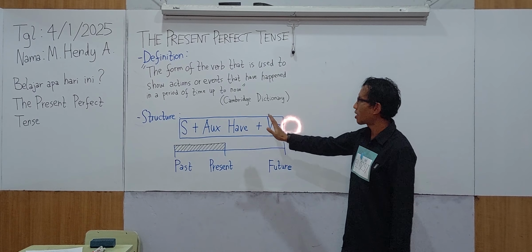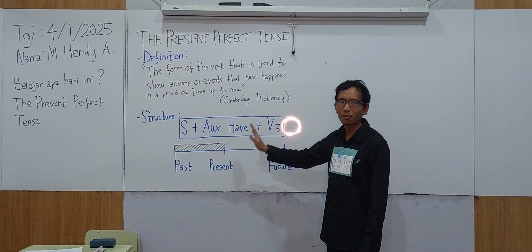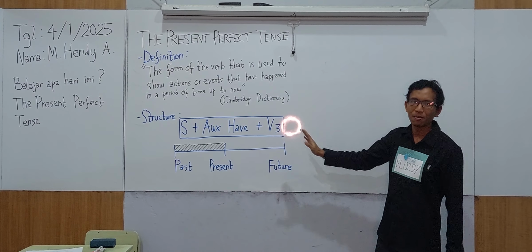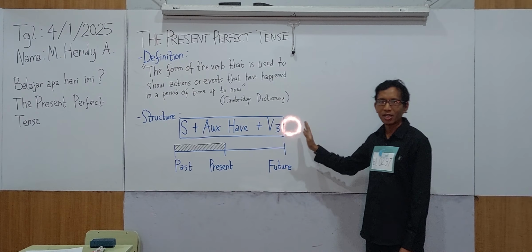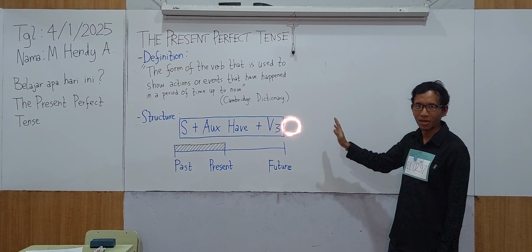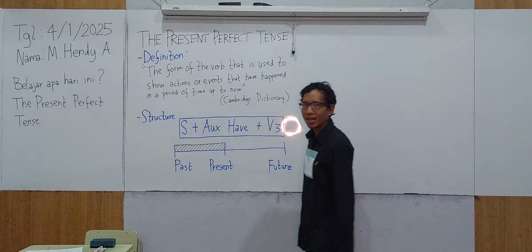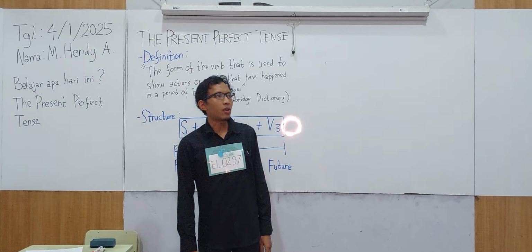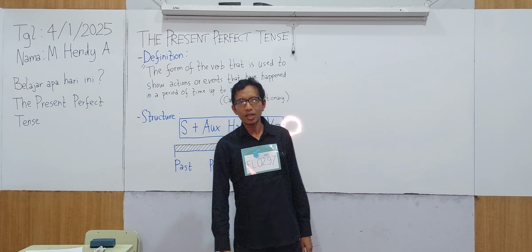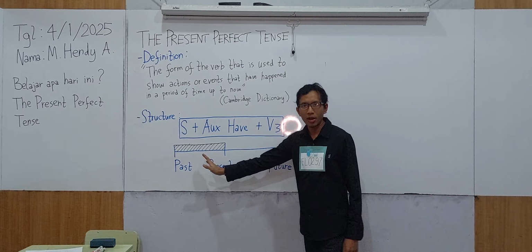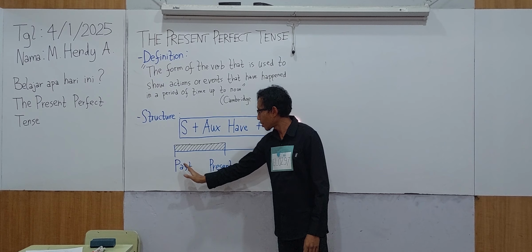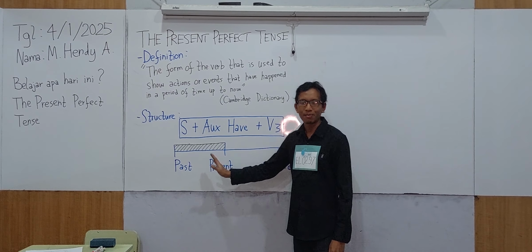You form the present perfect tense by using subject plus auxiliary verb have plus verb 3, also called past participle. Simply put, this tense is used to emphasize the completion of an action or event happening before, meaning in the past, that still has connection to the present.